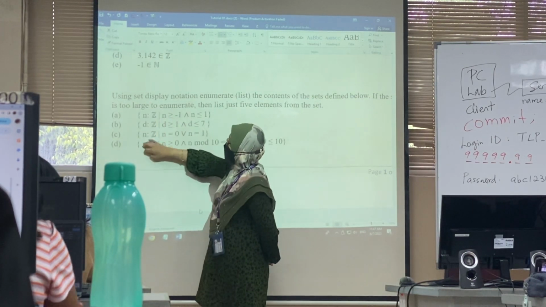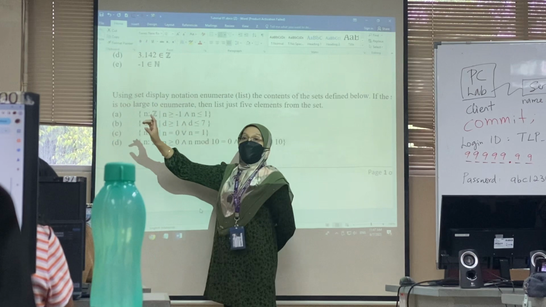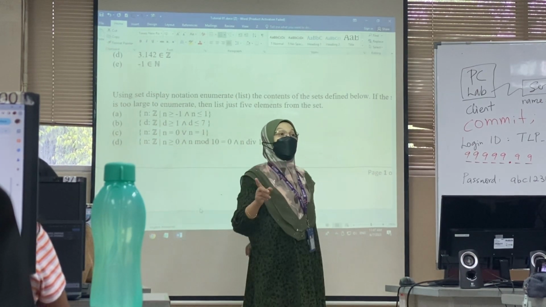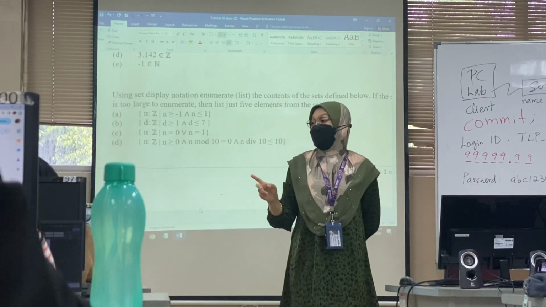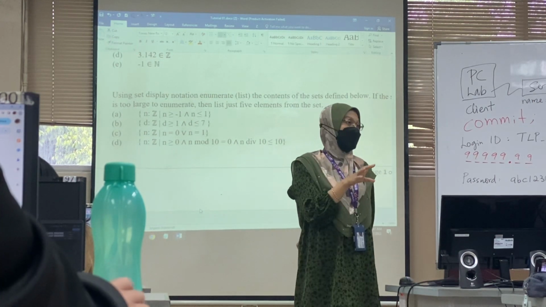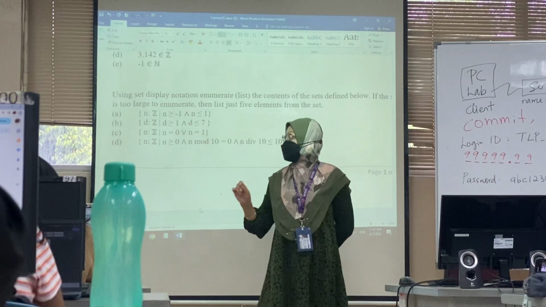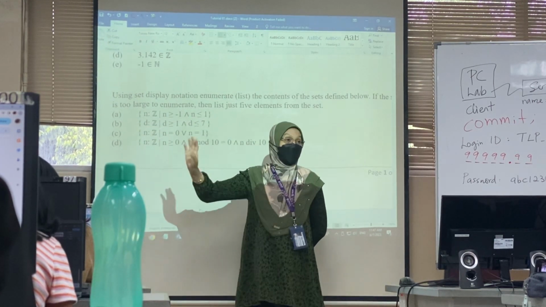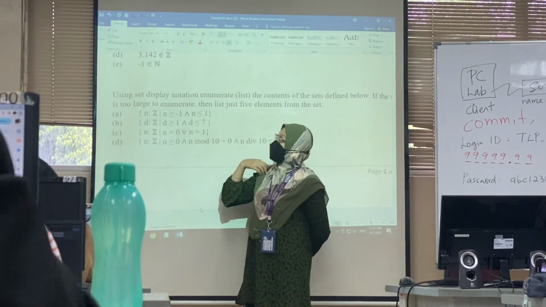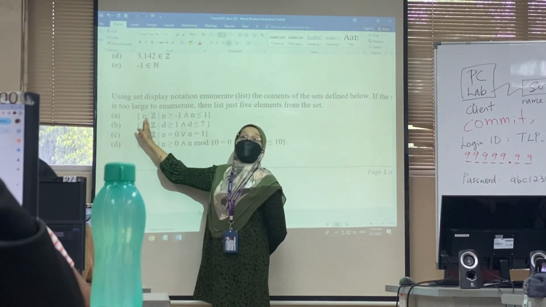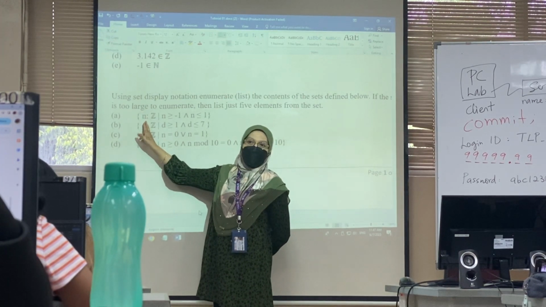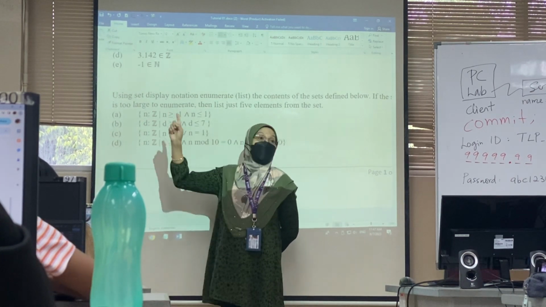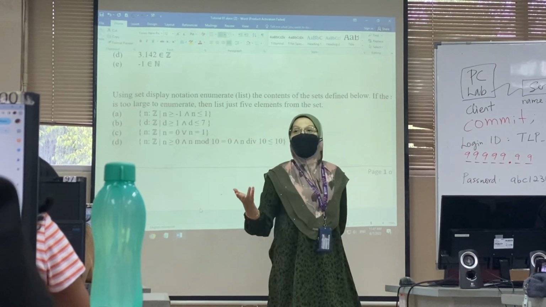For this one, the part in front here is something like a variable declaration, like when you do your programming. Here is the variable, your identifier, and Z is your type, like integer, double, all those things.